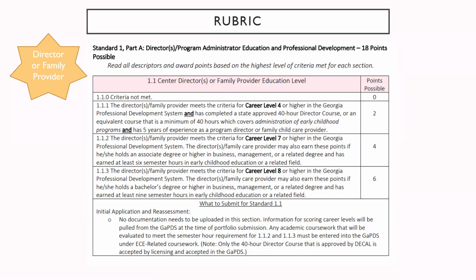This screen shows you a sample of the quality rated rating rubric. Based on the information that is input into your staff's Georgia PDS account, this information will be scored and verified using the rating rubric.